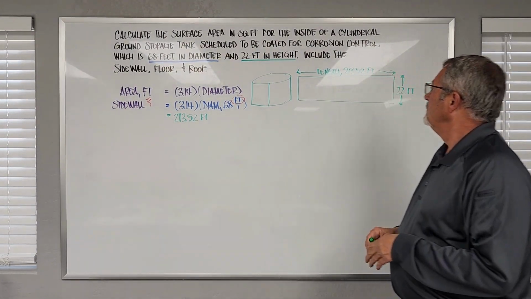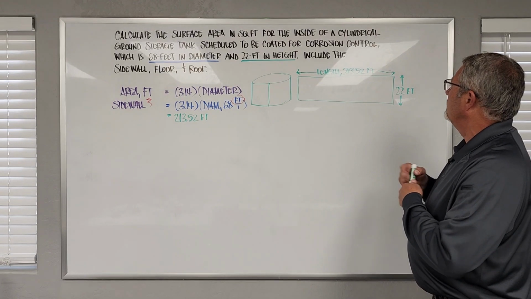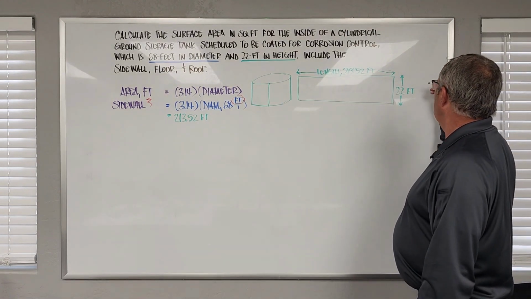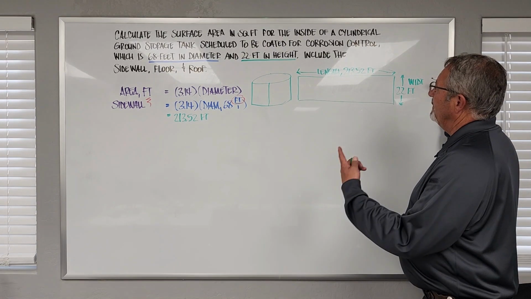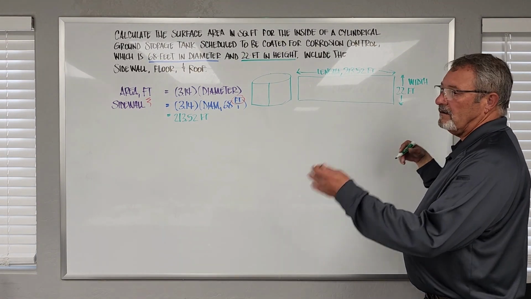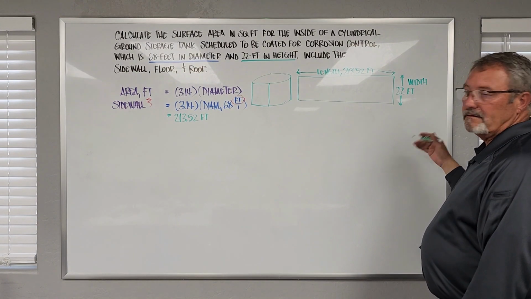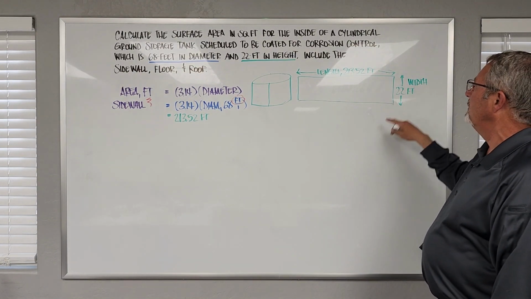Okay. So now I've got the length, 213.52 feet, and the width, or in this case, height. We can call width height. Let's just call it width so I don't have to erase it, 22 feet.